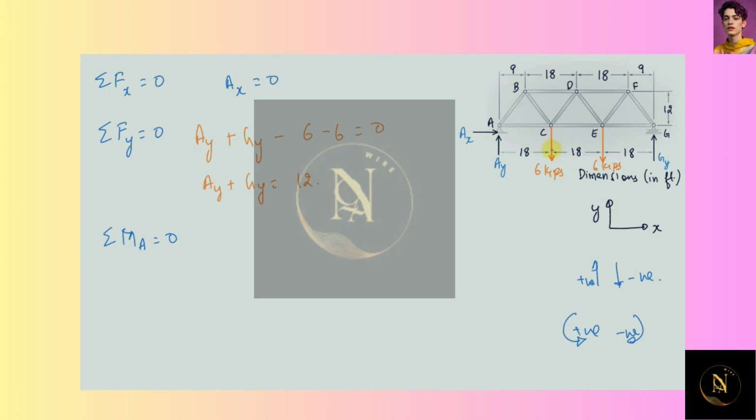So this is making moment in the clockwise direction, so minus 6 times the perpendicular distance, which is 18, again minus 6 times 18 plus 18 is 36, this total distance is 36. Now plus GY times 18 into 3 equals 0. So from here GY comes out to be 6 kips, and we can plug GY here to calculate AY, and from here AY would be equal to 12 minus 6, which is 6.